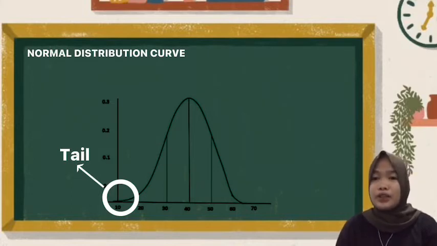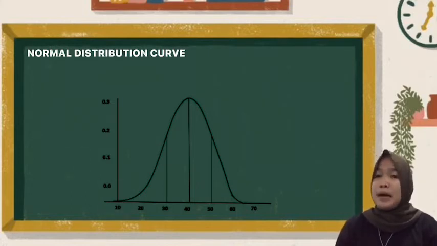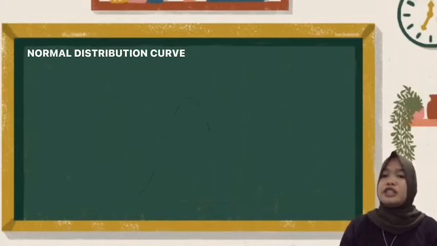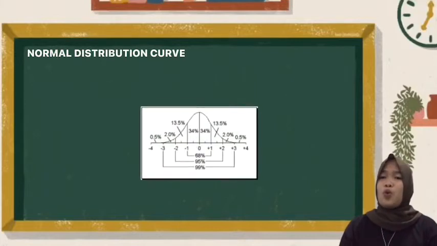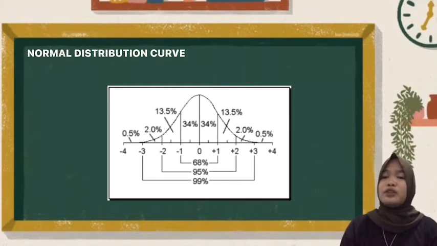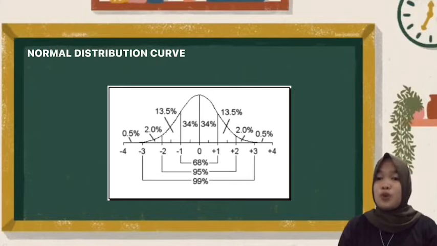Itong mga scores na ito, ini-interpret natin base sa percentage ng iyong mga estudyante na makakakuha ng mean or standard deviation from the mean to standard deviation to the right of the mean or to the left of the mean. Depende. At according to the theory of normal distribution curve, one standard deviation to the left of the mean and one standard deviation to the right of the mean, yun ang pinakamalaking score.